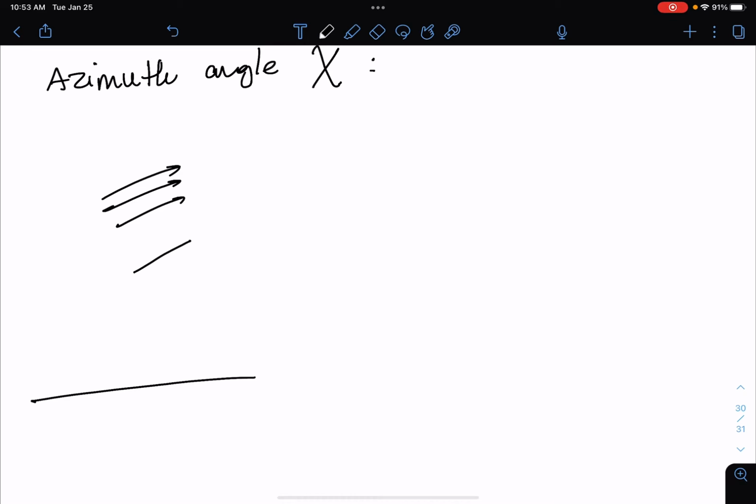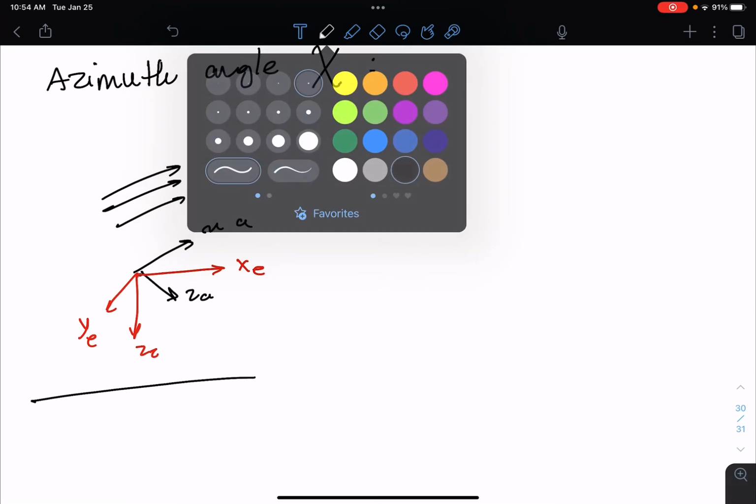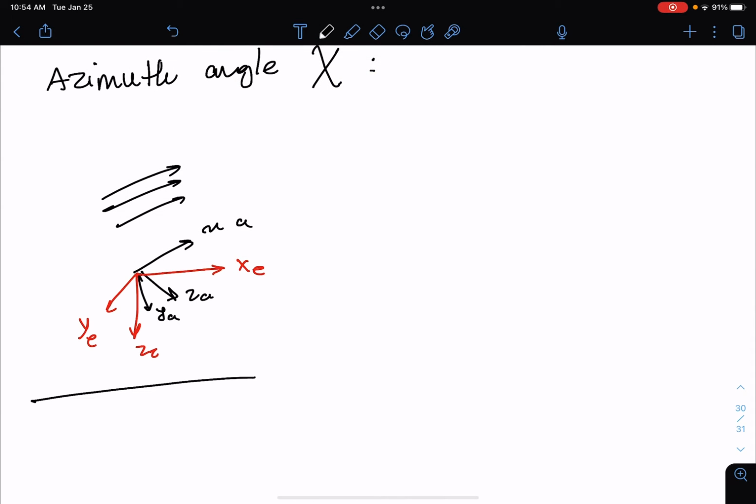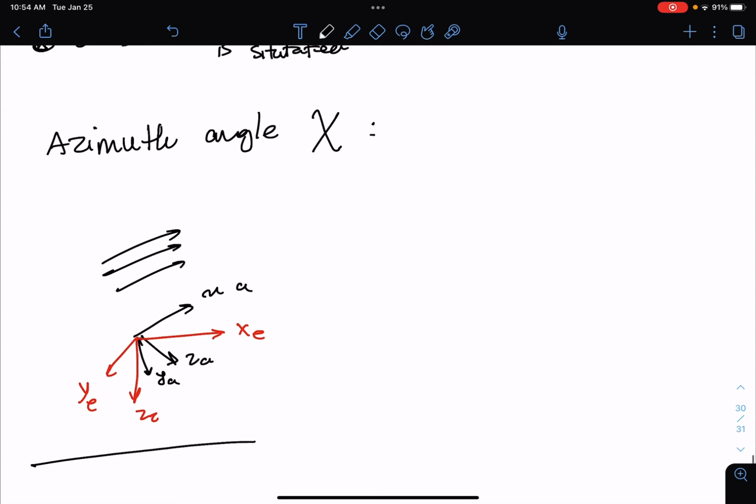We're going to have XA, YA, and ZA, the movement of air. We are going to have XE, YE, and ZE. So we're going to find the angles between these two coordinate systems. What is the azimuth angle?